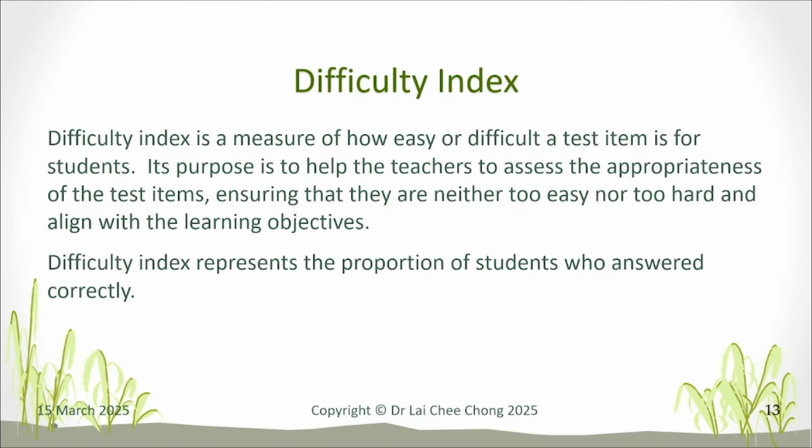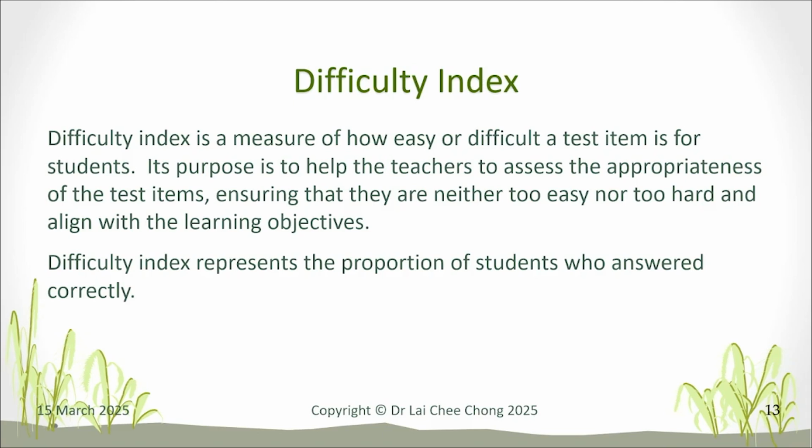Okay, now come to the actual measurement. We talk about the level of difficulty, right? So there is an index. It is called the difficulty index. Now, we want to measure. This is a measure, by the way, of how easy or difficult a test item is for students. Its purpose is to help you assess the appropriateness of the test item, ensuring what?